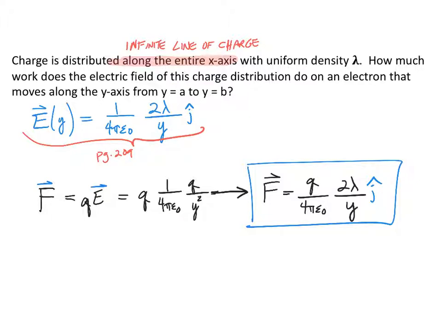And now we would integrate, well, we need a work integral. And so work is always defined the same way. It's the integral along some path of the dot product of the force along whatever direction you're paying attention to.